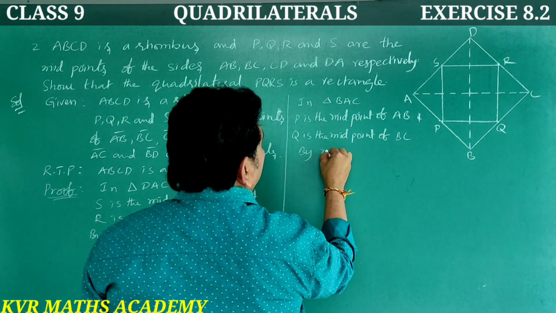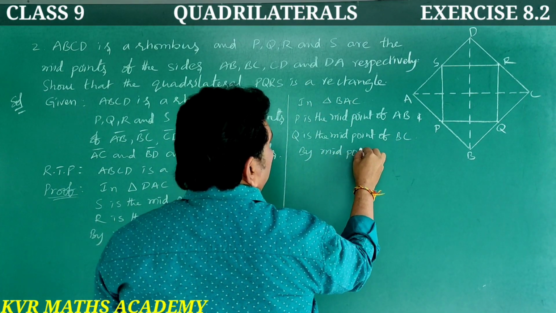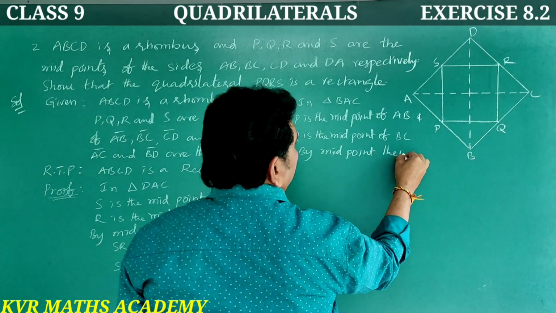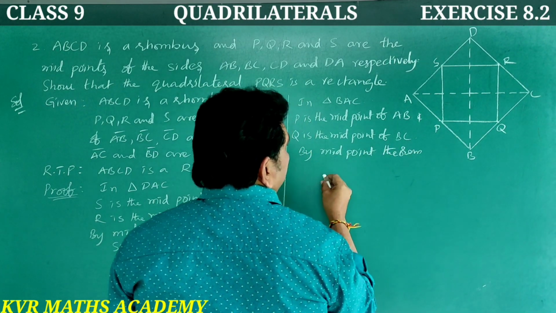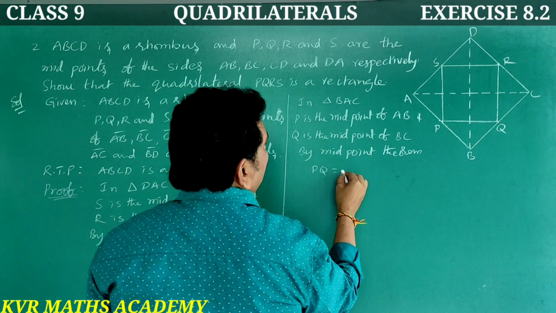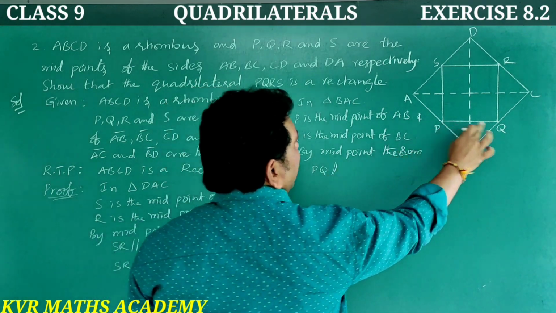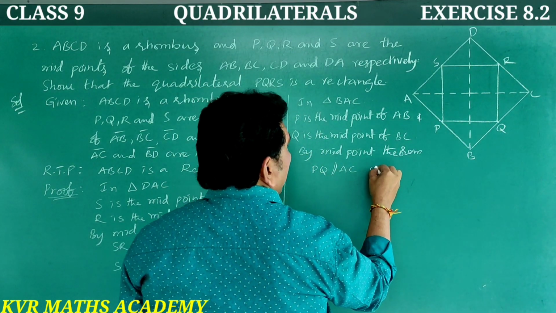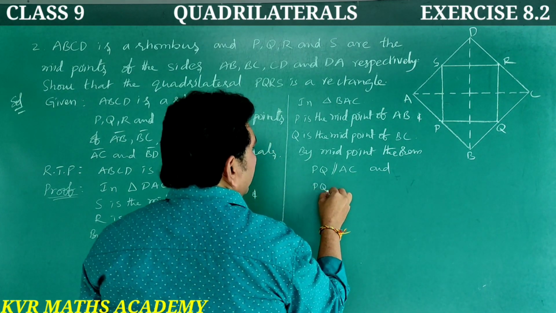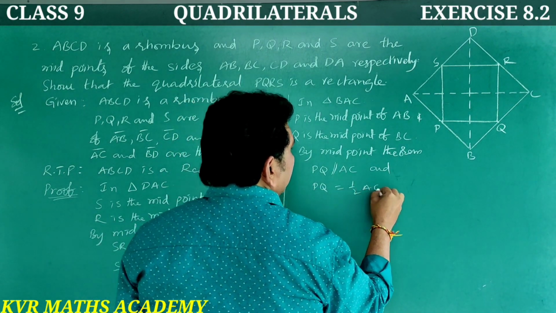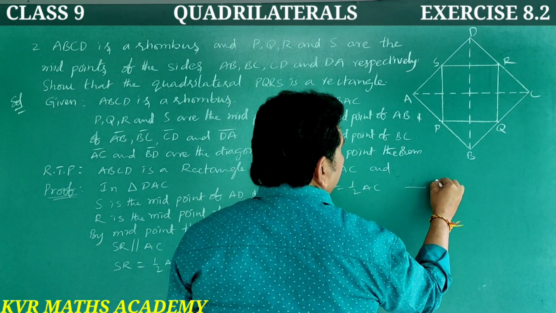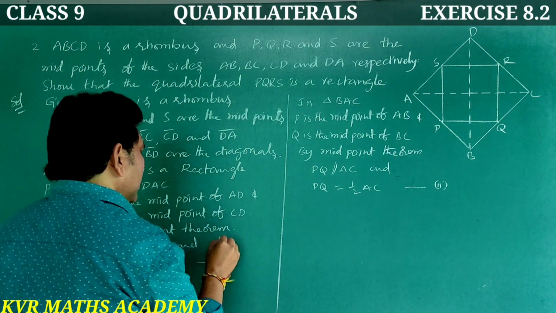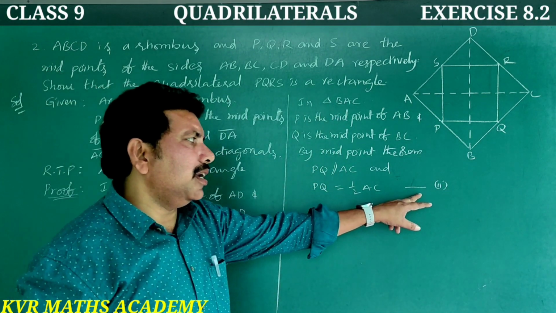Again by the midpoint theorem, PQ is parallel to AC and PQ is equal to half of AC. This is equation number 2.